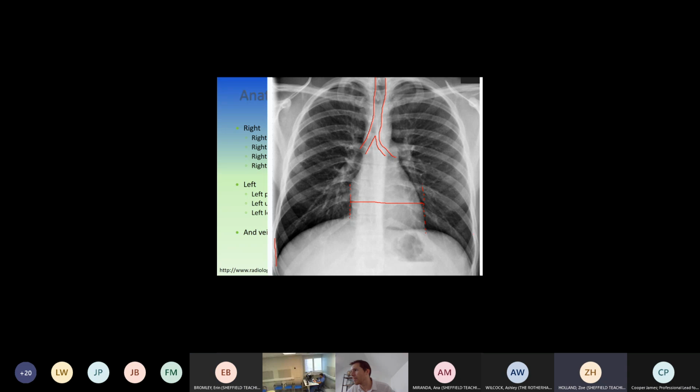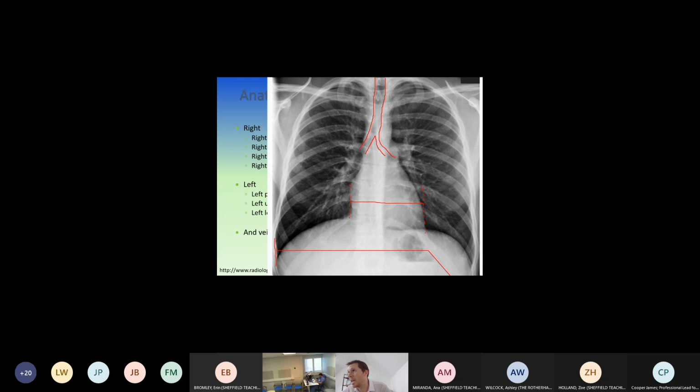For some reason, it won't let me annotate down there, but I'm essentially taking this measurement and dividing it by this measurement to the other edge of the ribs. If the heart is less than half of the full width of the chest, then the heart is within normal limits. So we want it to be 50% or less of the size of the chest itself.